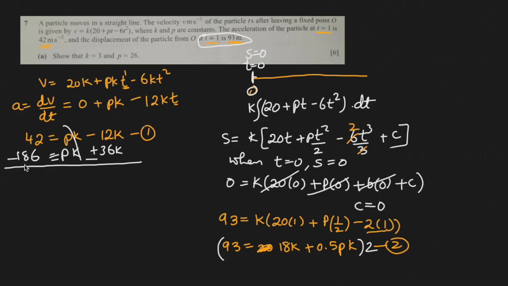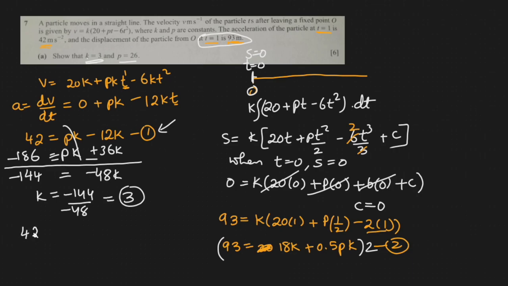So it comes out to be 144 negative, and this comes out to be negative 48k. So k is negative 144 over negative 48. Obviously it is equal to 3. That's what we have to show. And now we have to find p equal to 26. We can use any one equation. Let's use this equation number 1.